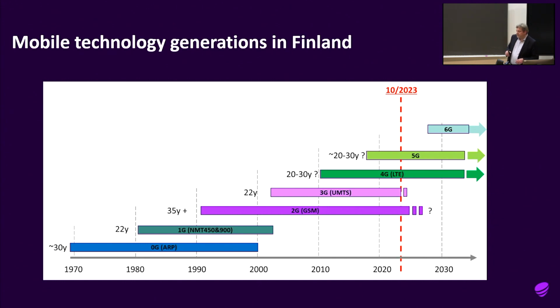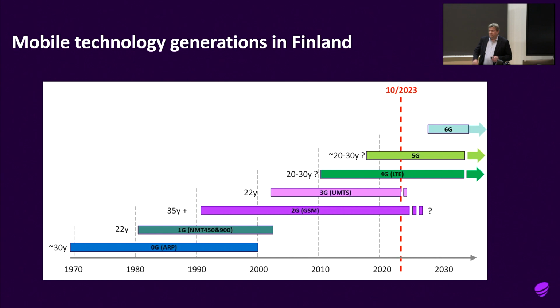But now 5G is the new one. Actually, 5G technology started in Finland in 2019. We started that technology worldwide with the so-called non-standalone 5G. Basically it means that we have 5G base stations, but the core system is based on 4G technology.